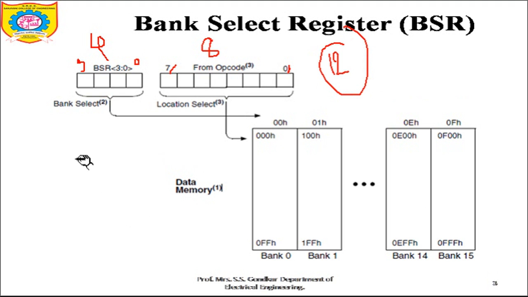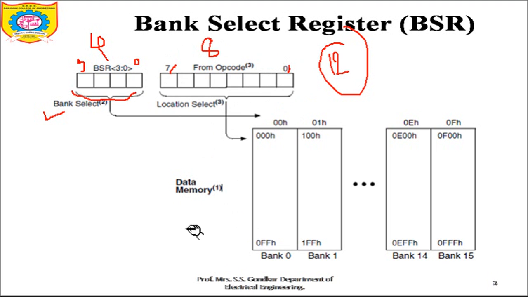These 4 bits, 0 to 3, are used to select the bank we have to utilize. Depending on what binary number is written over here, we select the bank, and here you will have the RAM address of 8 bits.